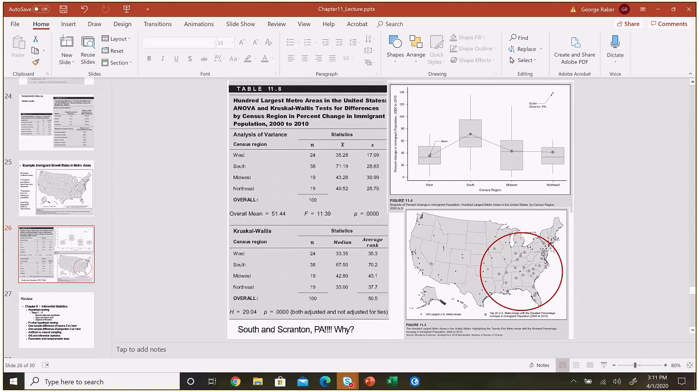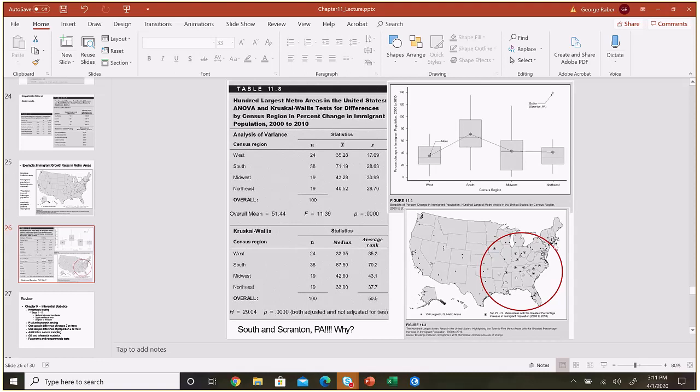Why? Well, I don't know, but that would be something interesting to study. The reason I didn't point out Iowa is that in some ways there are a lot of similarities between Iowa and some of these other places in the South in terms of culture. But Scranton, Pennsylvania is largely urban.